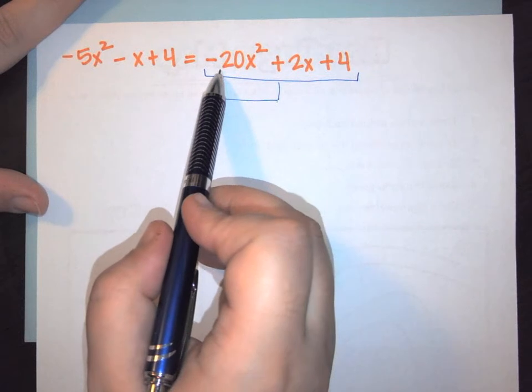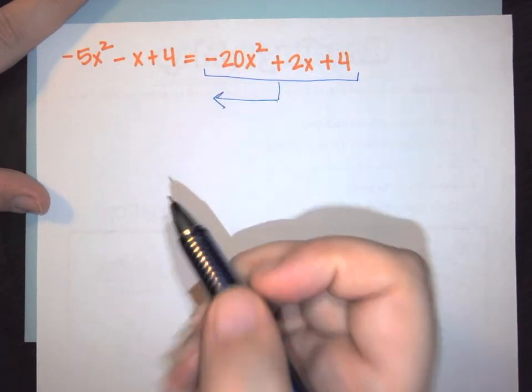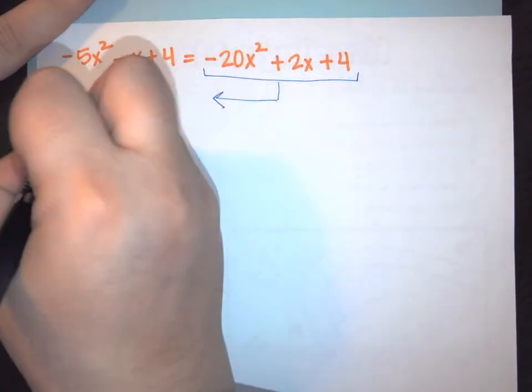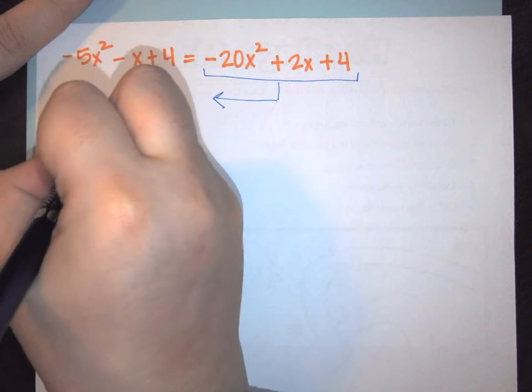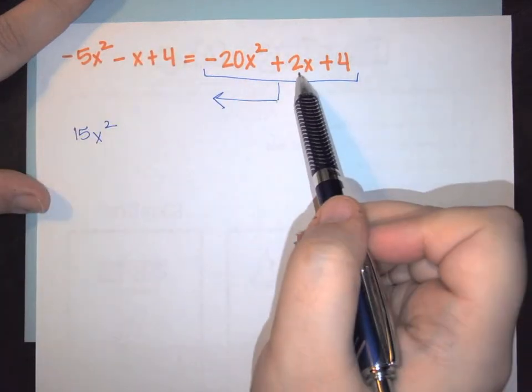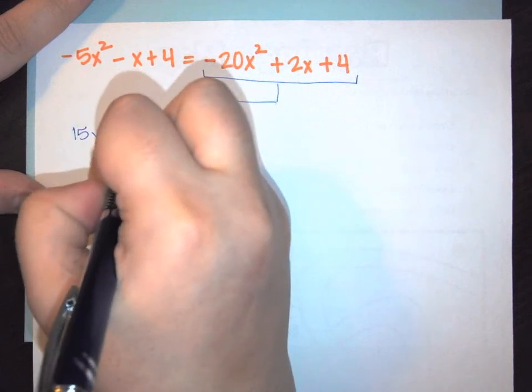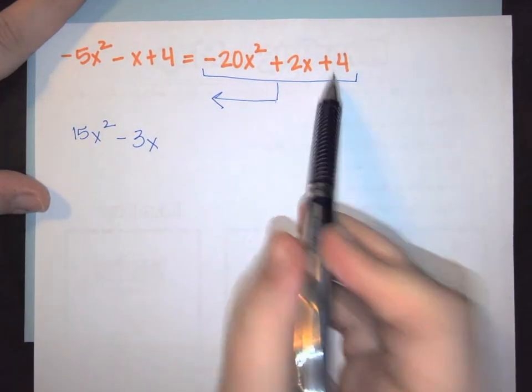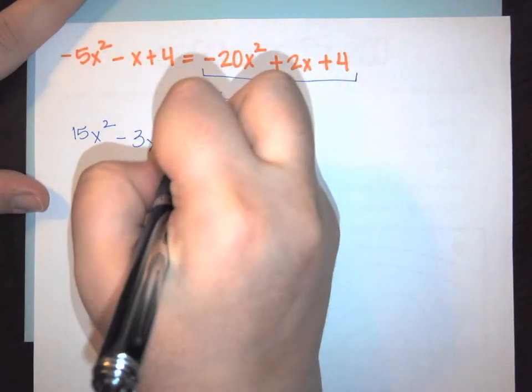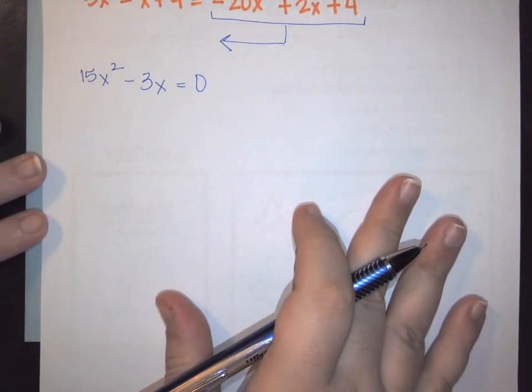So here this is a negative 20, so to move it, I add. 20 minus 5 is going to give you a 15x squared. I'm going to take my positive 2x and move it, so this becomes minus 3x. 4 minus 4 means it goes away, so this equals 0.